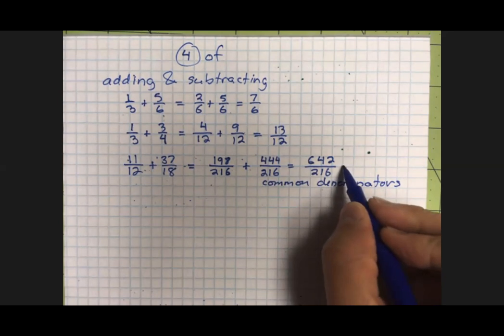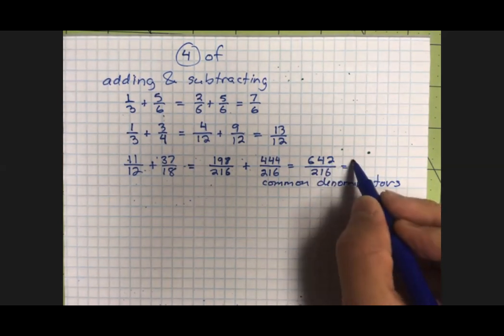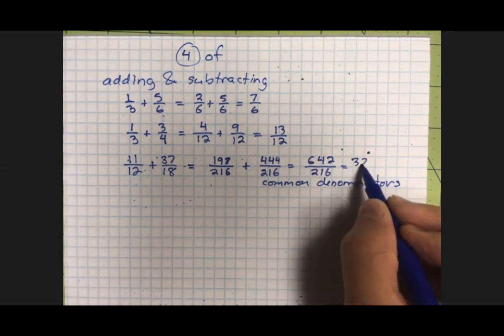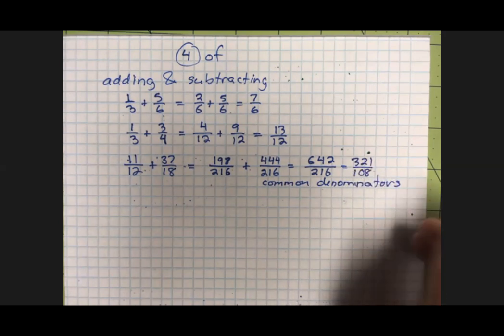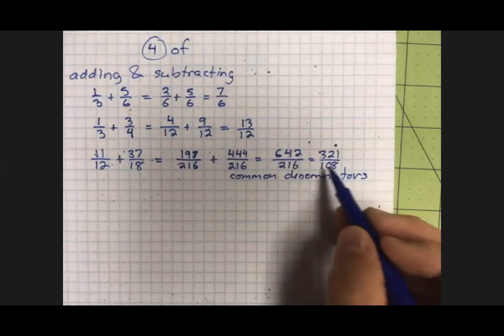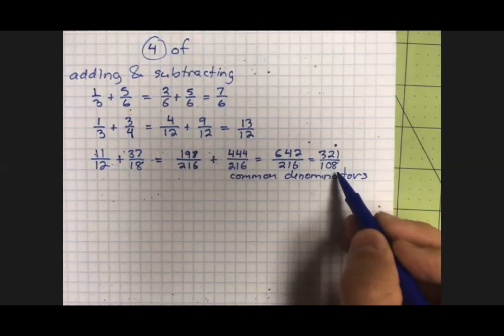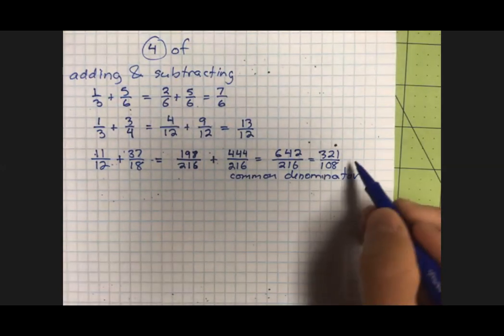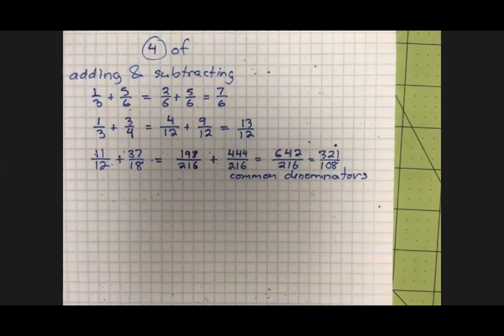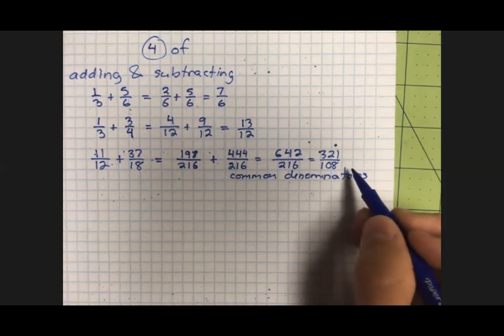Okay, how can I simplify it? Well, they certainly both have a 2. 321 over 108. That's still a monster fraction. Is that as simple as I can make it? I've got to look at it for a second. But I think that can be reduced. The problem is, how do I know that?